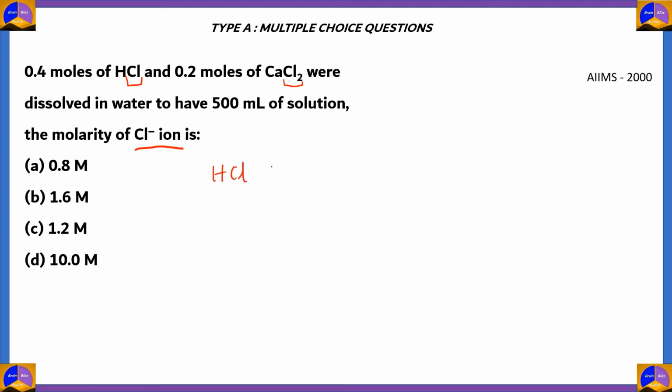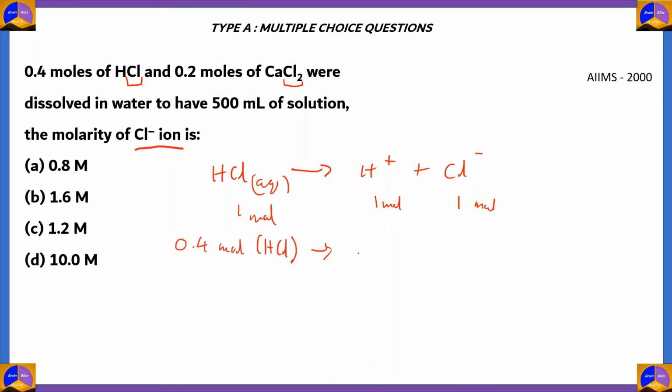HCl in water will dissociate into H+ and Cl-. So 1 mole of HCl will give 1 mole of H+ and 1 mole of Cl-. Therefore, 0.4 moles of HCl will give 0.4 moles of H+ and 0.4 moles of Cl-.